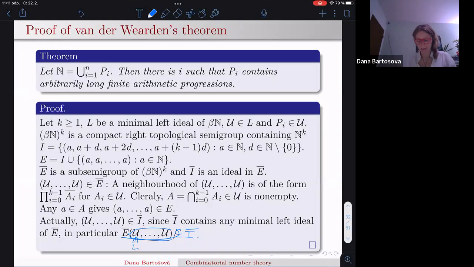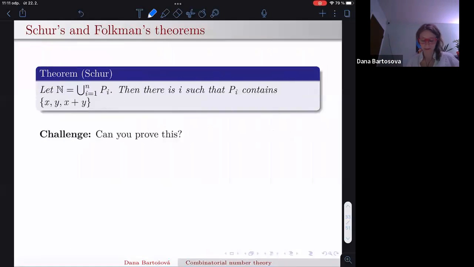It's a little lengthy, but it basically says that it contains arbitrarily long sequences that have bounded gaps in between them, which doesn't necessarily need to be equidistant gaps, but it turns out that this is enough to get also equidistant gaps. Okay, these are called piecewise syndetic sets if you're interested.